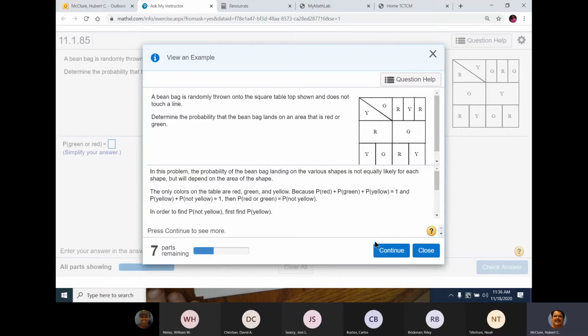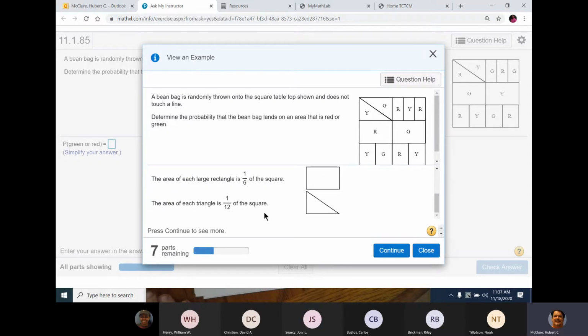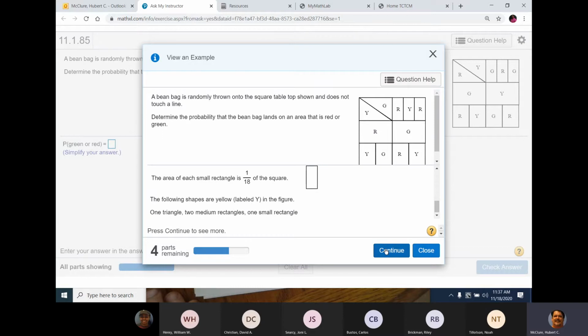Oh, they're using the complement. There's the 12. Okay, so far it looks like they're doing what we're doing. I don't believe they got 18.